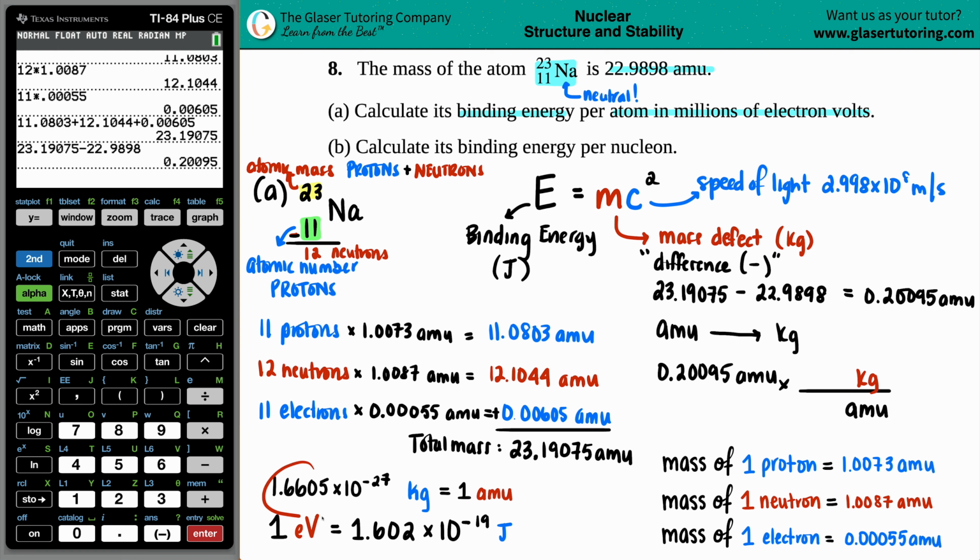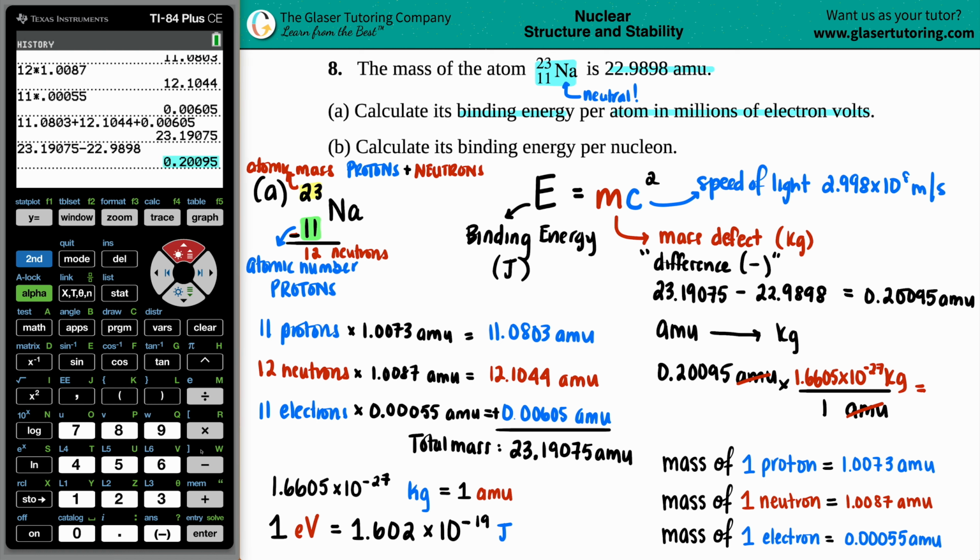And I did put over here that 1.6605 times 10 to the negative 27th kilograms equals 1 AMU. So the 1 goes on the bottom, and 1.6605 times 10 to the negative 27 on top. AMUs cancel. And now we're going to be left with kilograms, which is beautiful.